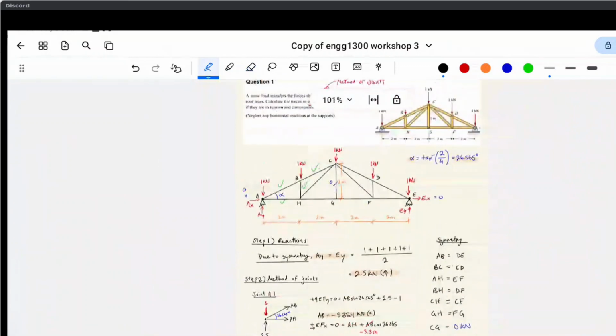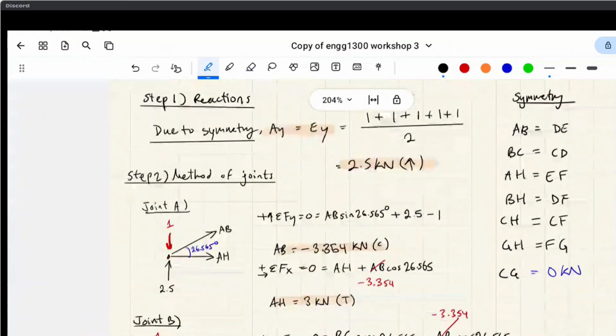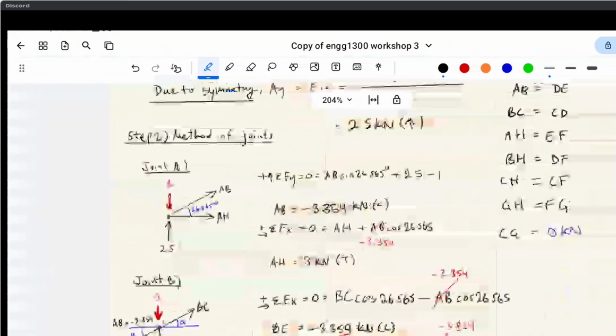Okay, so here's another thing. Here's 2 meters and here's 2 meters, right? So we don't need to do a calc for that because that's 45 degrees, 1 to 1. Now the members: AH, BH, CH, GH.